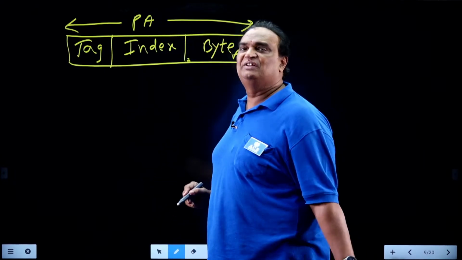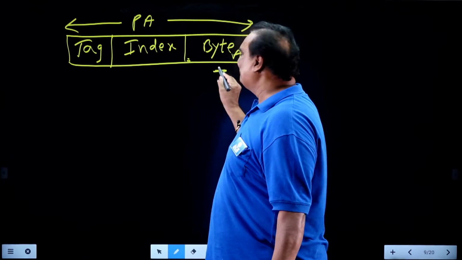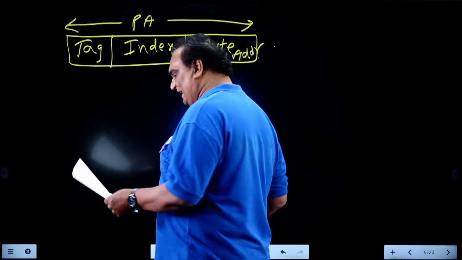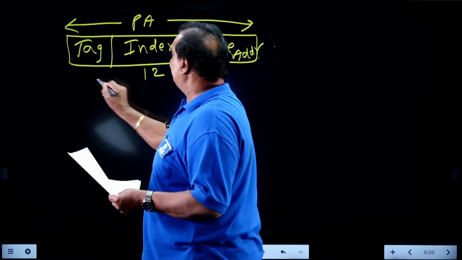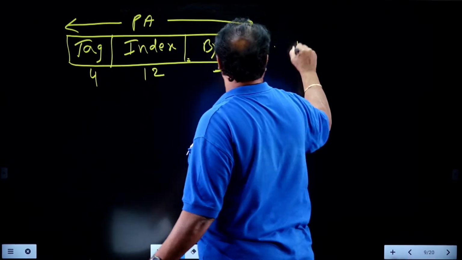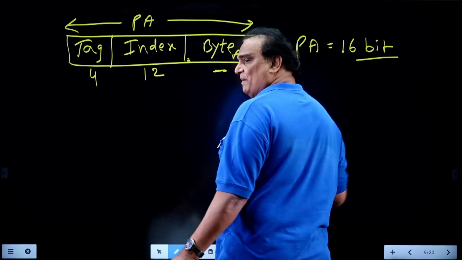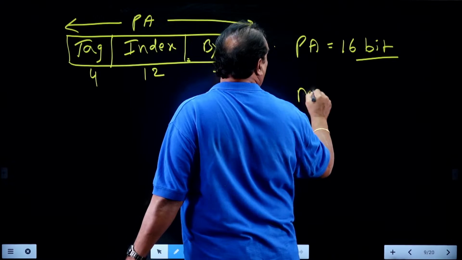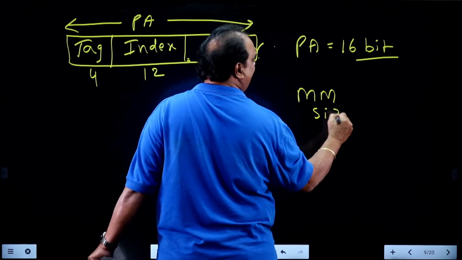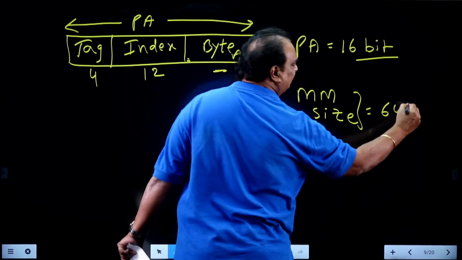To select one of the 1 byte, there is no need for an address field, that's why it is 0. Now, according to the information given, this size is 12 bit and this size is 4 bit. So what is the PA size? 16 bit. With 16 bit, the maximum number of bytes to be addressed is 2 power 16, which means main memory size is 2 power 16 bytes, that is 64 KB.